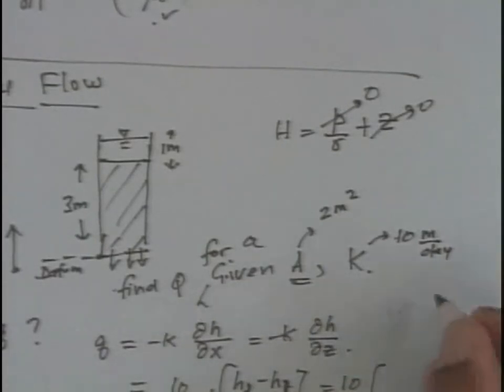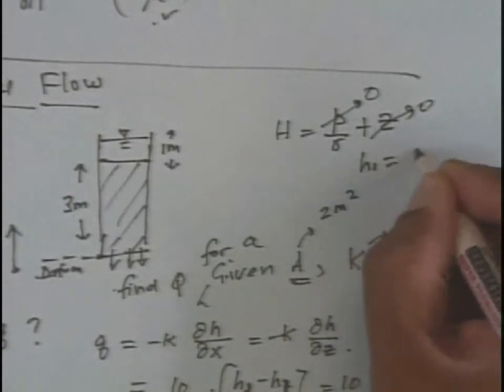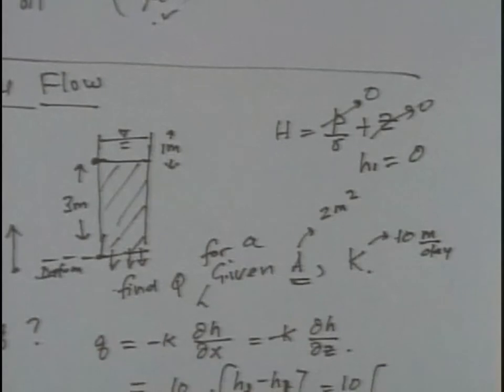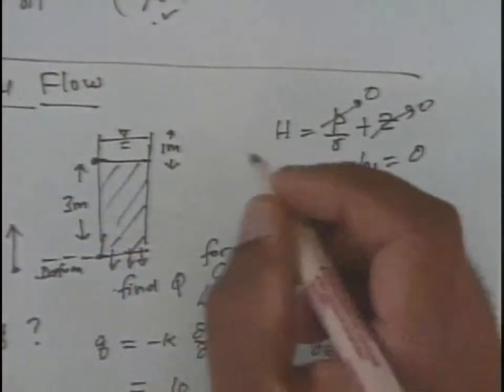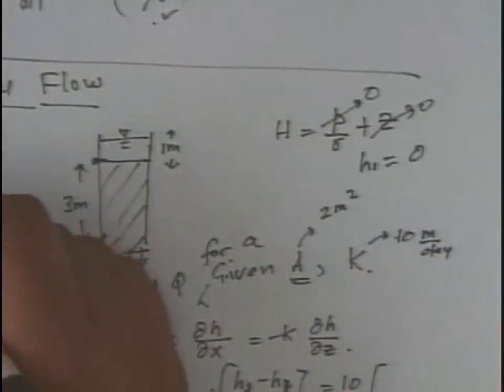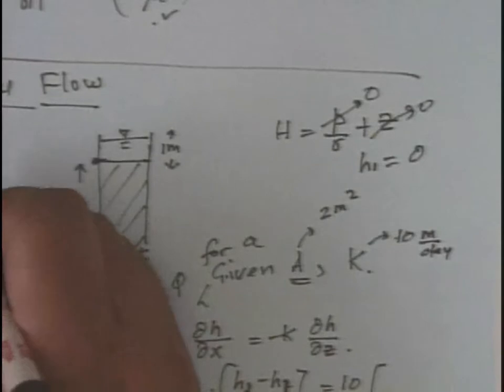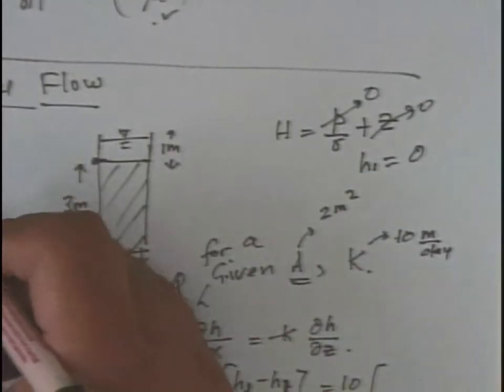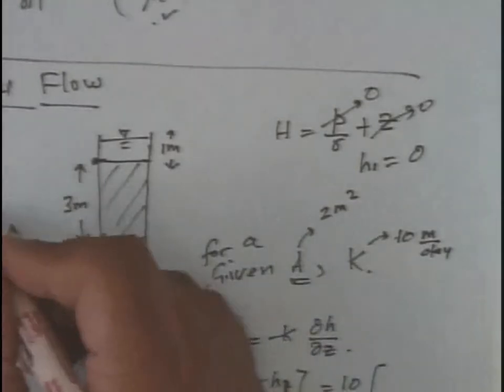So let's say that gives me H1 equal to 0. Let's find H2. What is H2? What's the pressure head there? 1, exactly. At H2, P by gamma is equal to 1. What's the Z there? 3.